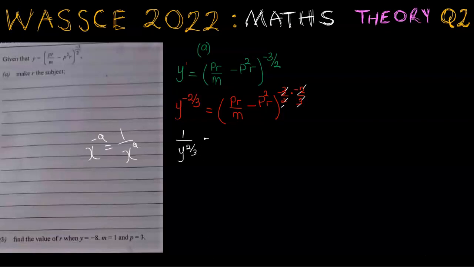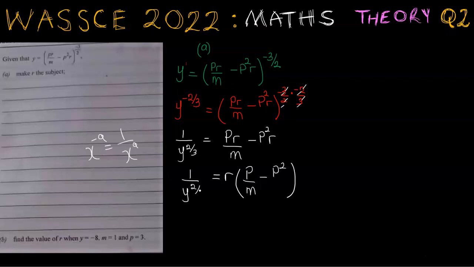So here we have PR over m minus p squared r. Of course, our intention is to make r the subject, so I can just factor out r here, and this is going to give r brackets p over m minus p squared. So I've still got a 1 over y raised to the power of 2 over 3.